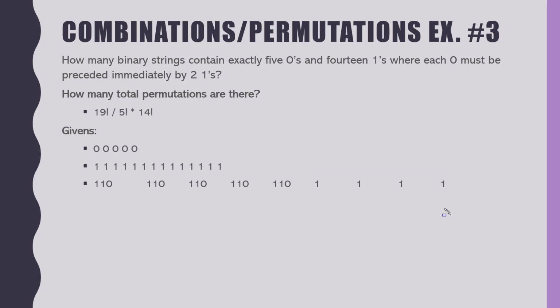If I had 9 unique things, it would simply be 9 factorial. So the final calculation is 9 factorial divided by 5 factorial, which is the duplicate 110 sets, and then divided by 4 factorial, which is the duplicate 1 sets. How do we feel about that idea? Is that a little bit clearer?